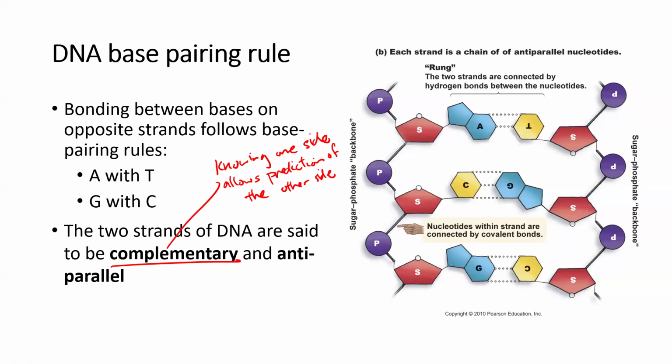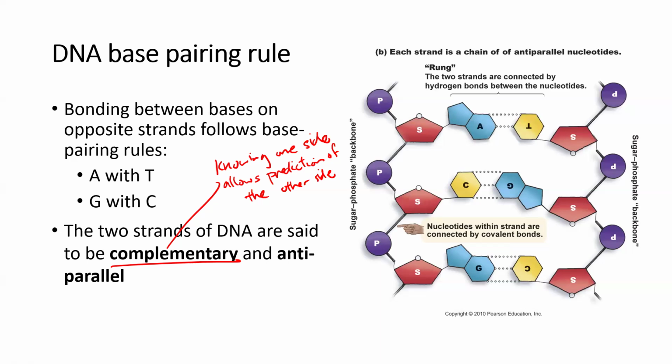Anything unusual about the diagram here? Do you notice anything strange in the diagram? Yeah, it's upside down. One side is upside down compared to the other. That is the second property of DNA. It is anti-parallel. It's parallel, that means the distance between them will always be the same.